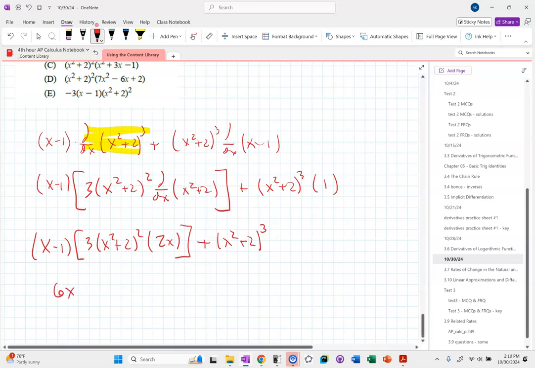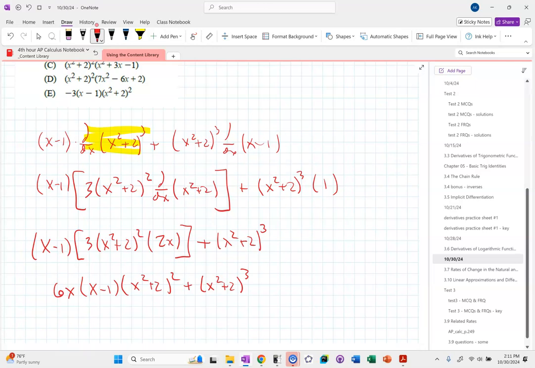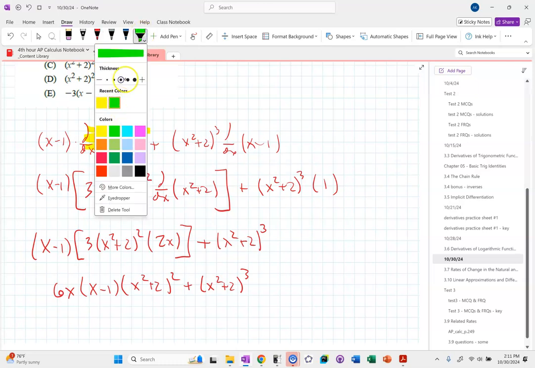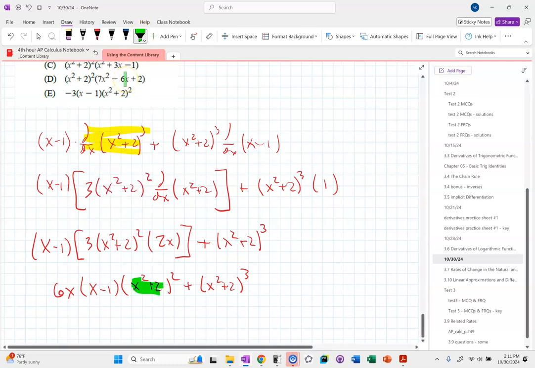So I have 6x times x minus 1 times x squared plus 2 squared plus x squared plus 2 to the third, right? Unfortunately, that's not any of my answers. So I have to do a little bit of cleanup here. If I look at these two, I notice that I have x squared plus 2's in common to each.